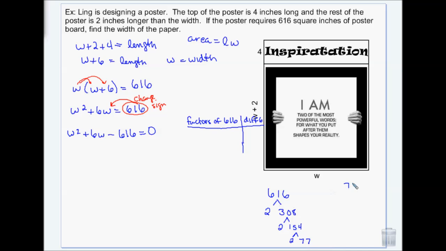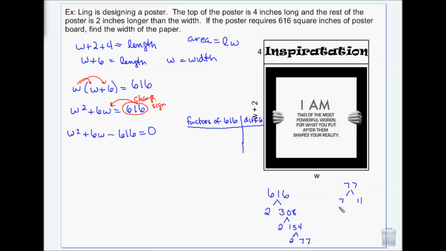And 77 is 7 times 11. Okay. So I just want to double check my math real quick. Oh wait, divided by 4, it's actually 154. 4 and 154 is also a factor. Yeah, that's 2 and 77. Yeah, okay, that's correct.